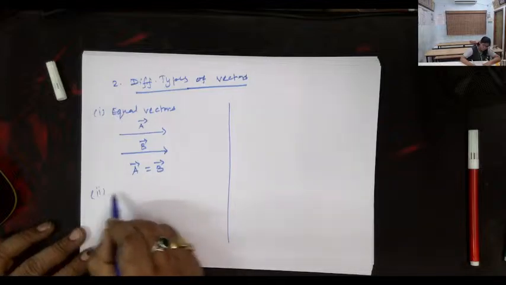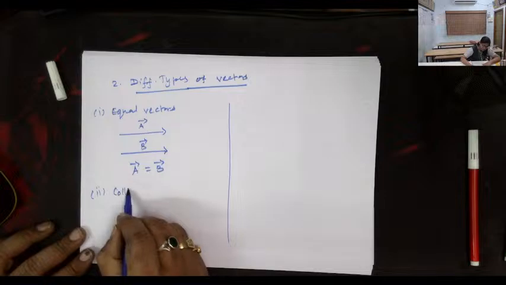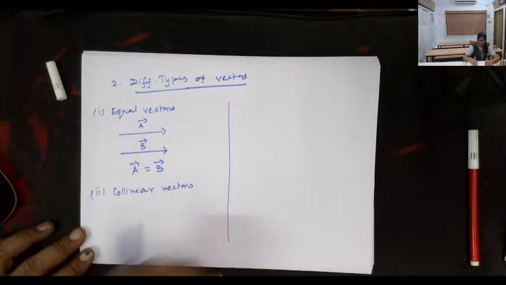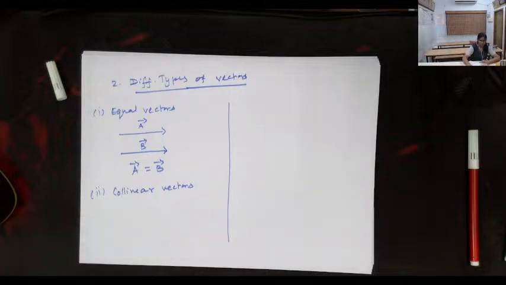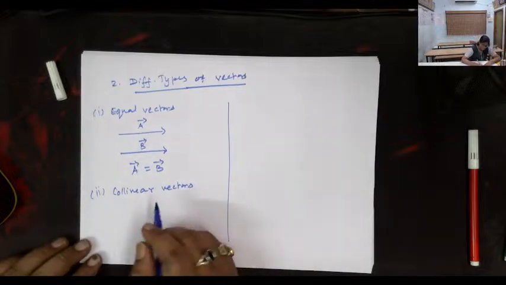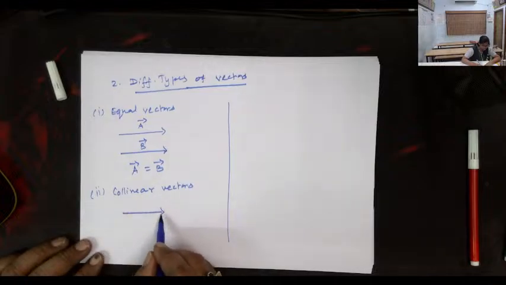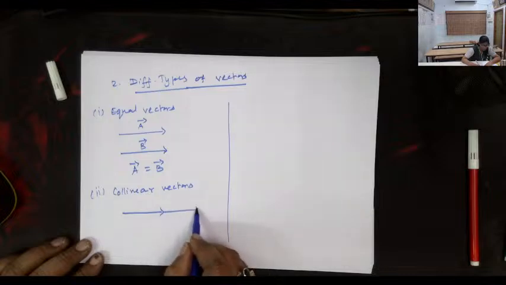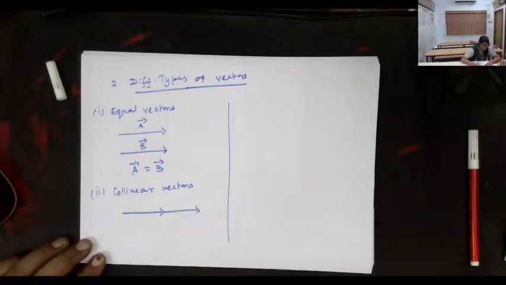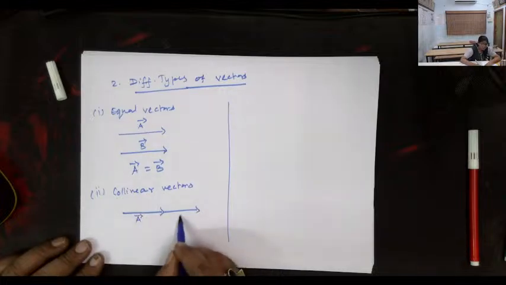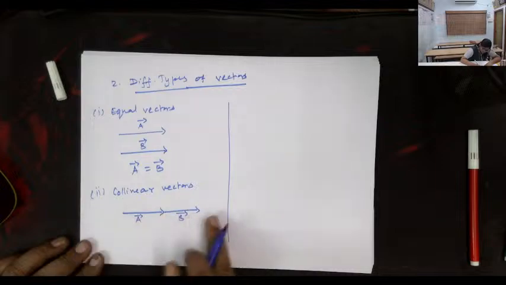Collinear vectors. Collinear vectors are those which act along the same line. For example, this is one vector, another vector. Okay. So this is vector A, this is vector B. They are collinear.